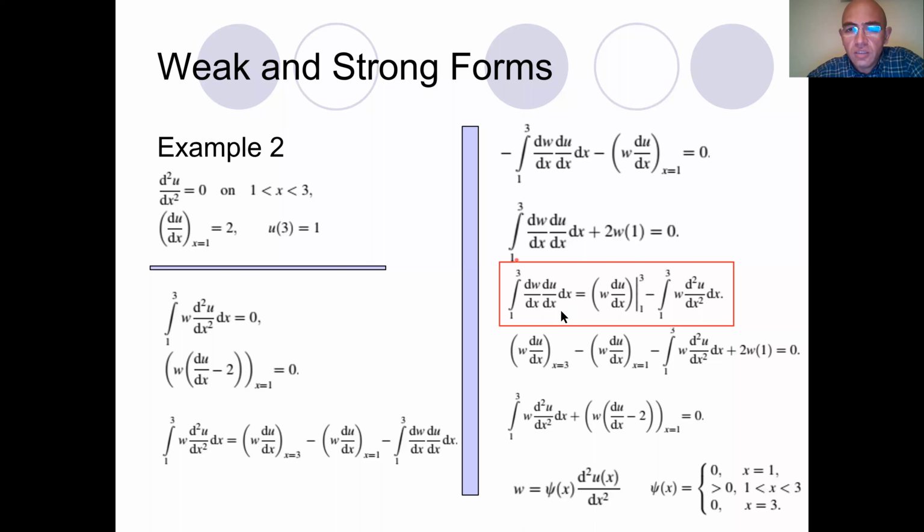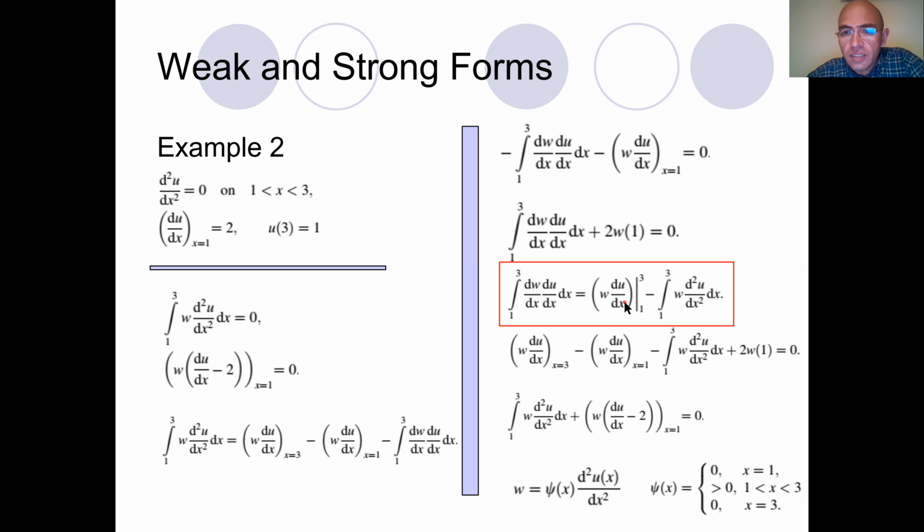Let's take a look at it. It is dw/dx du/dx. Certainly, if we apply integration by parts and say that this is u, this is v, this is w du/dx from 1 to 3 minus the integral from 1 to 3 of w d²u/dx².